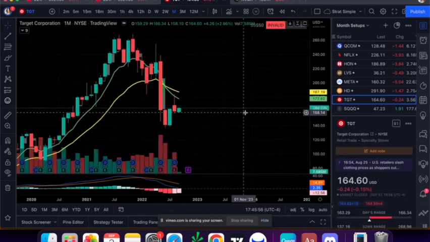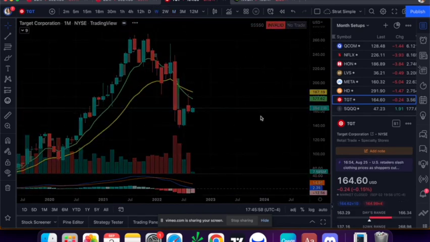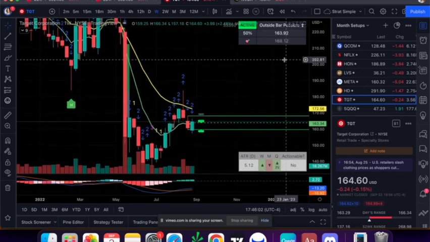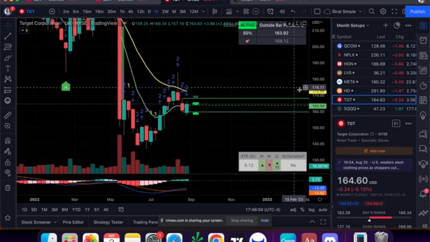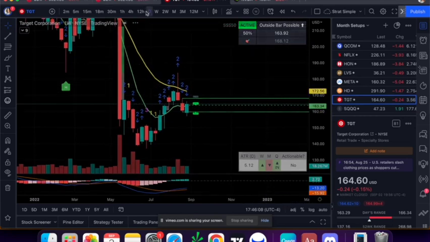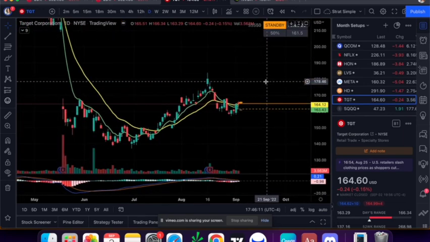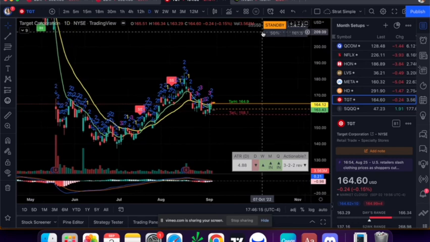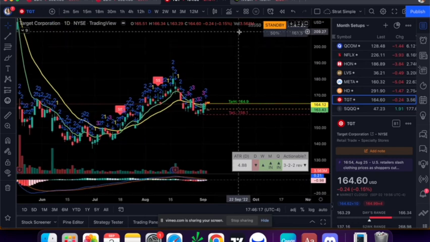Target. Target was to the upside, possibly. It's kind of like Netflix. Target also has this gap to fill to the upside if it decides to go there.